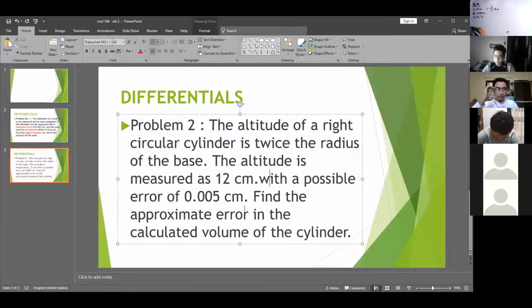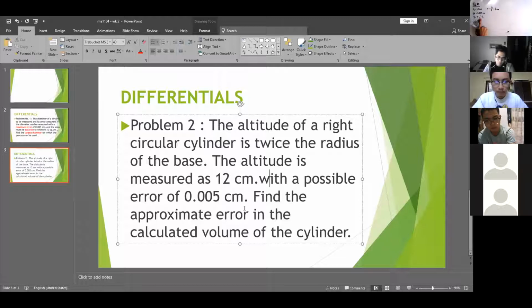So we are just going to differentiate the volume formula. So this would become dV. Then we have pi. Pi is a constant, so we are not going to differentiate it; the differential of a constant is a constant. So you have pi.